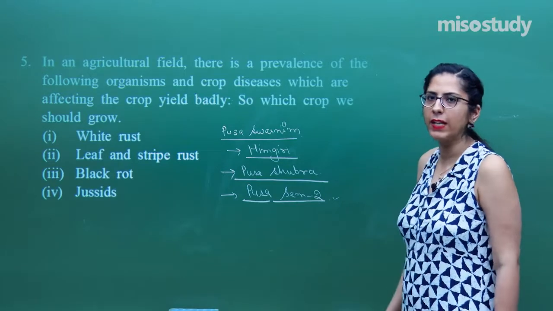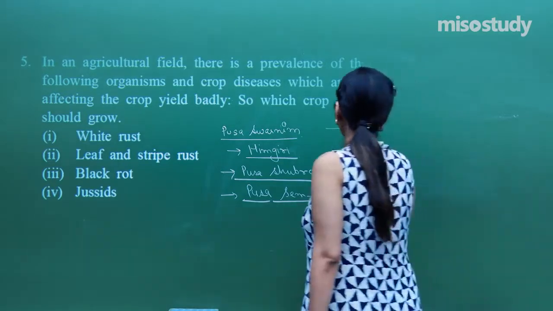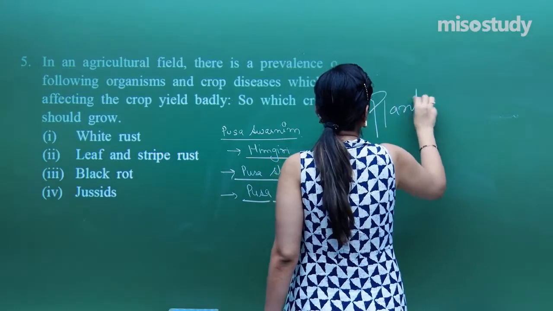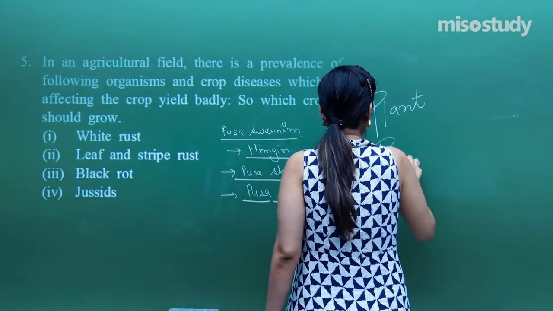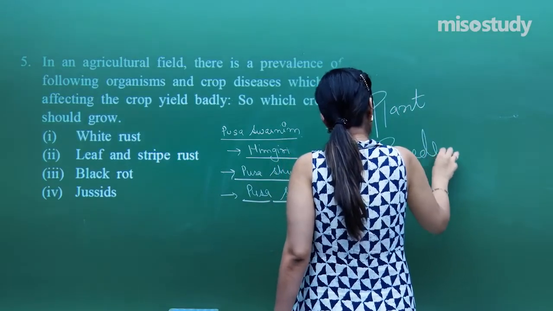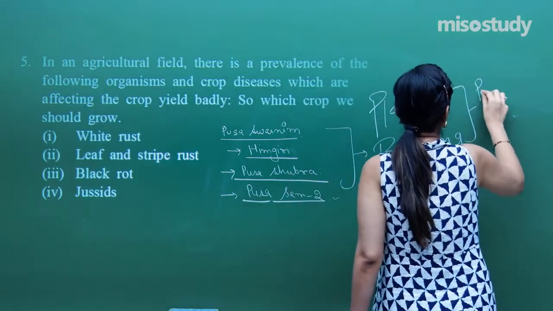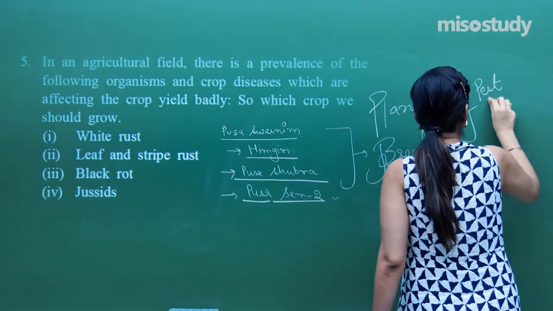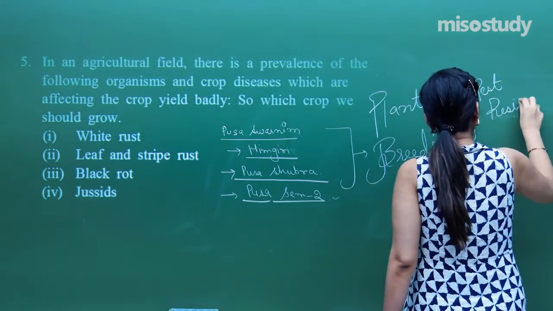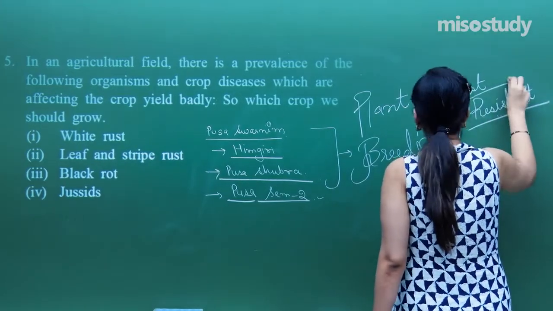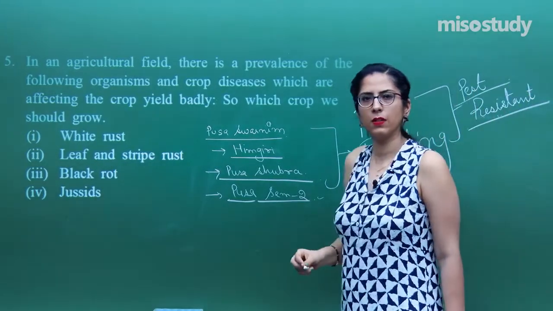These are produced with the help of which procedure? Plant breeding. And these varieties are pest resistant.